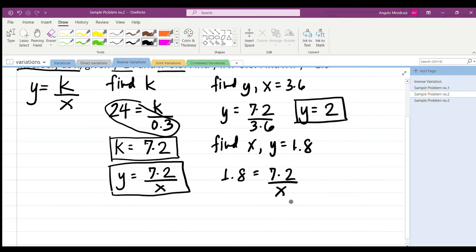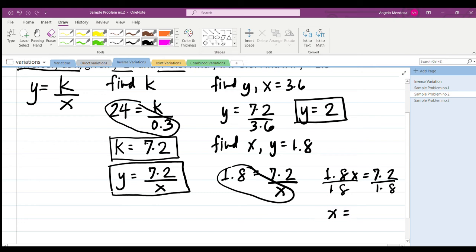We can cross multiply 1.8 by x, giving us 1.8x equals 7.2. Then just divide both sides of the equation by 1.8. On one side, you can cancel the 1.8, and on the other side, you have 7.2 divided by 1.8. So the answer is 4. That is the final answer.